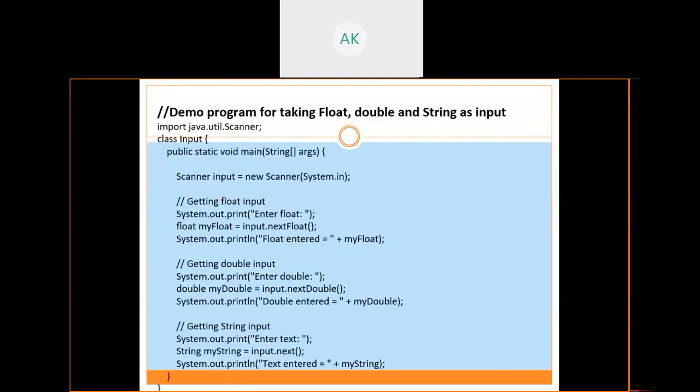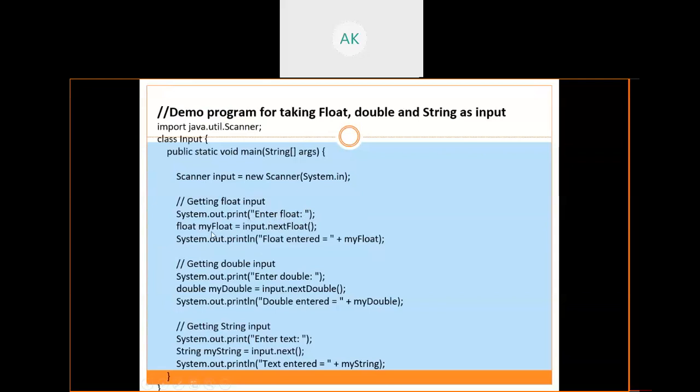And this is a complete program in which you can take the input as an integer, float, double, and string, right? Again, the object is one, that is the input object. Let's say I'm taking the floating point as an input from the user, so I ask the user to enter the floating values, and in order to save the floating values inputted by the user, I'll be using a variable myFloat. Again, the variable is your choice, your freedom, whichever variable you want to use.